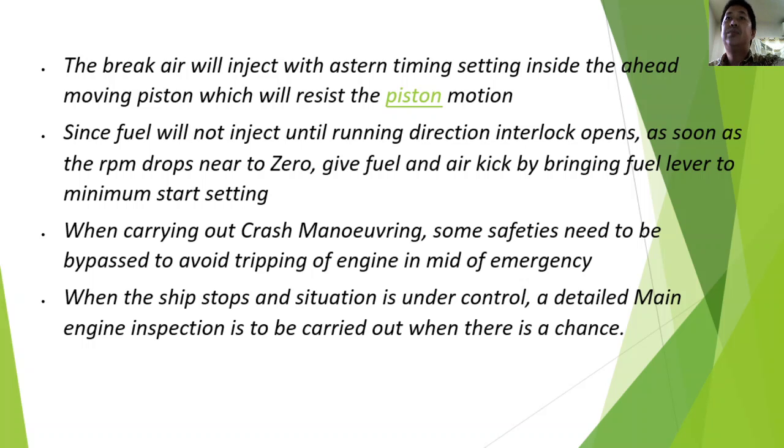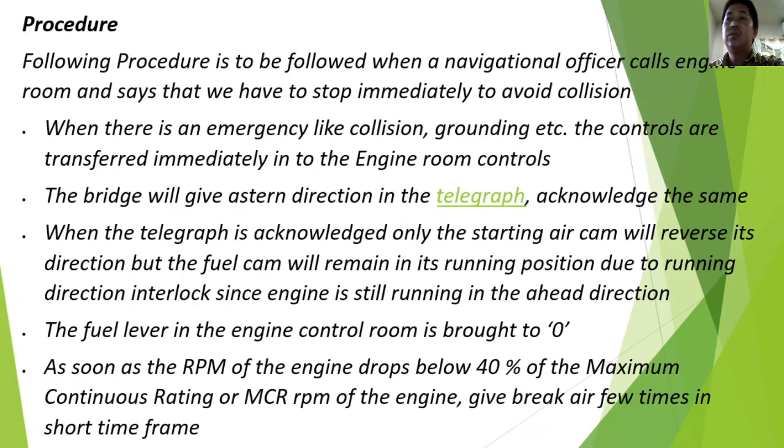So where are we now? So here, 40%, as you can see here. So reduce. As soon as the RPM of the engine drops below 40% of the maximum continuous rating, or MCR RPM, of the engine, give brake air for a very short time.